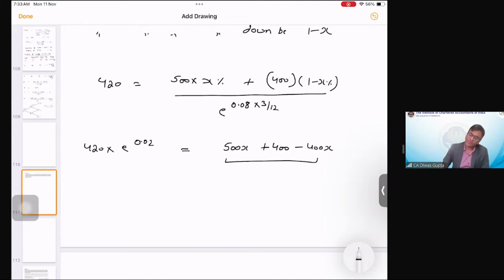This is the future value, right? And this is also a future value. Correct? Because 420 is today's spot price. I'm multiplying the future value factor. So in a way, we have equated future value to future value.